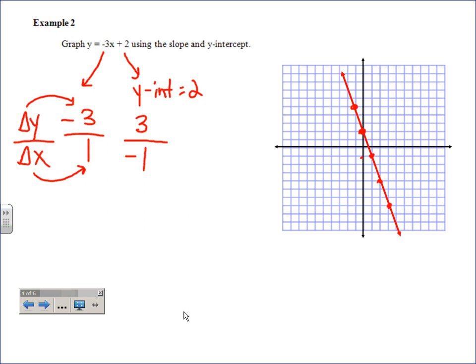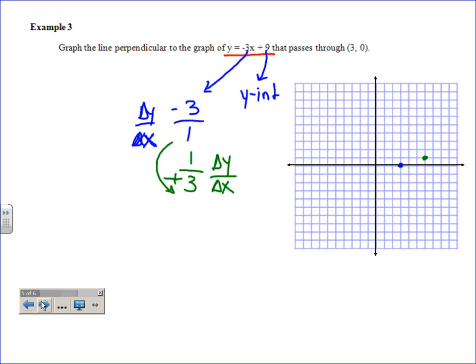And in example 3, we just had another line show up, which is right there. Would those two lines be perpendicular to each other if I put them on the same graph? Did you have to put them on the same graph to figure that out? No, you just looked at the slopes. Example 2 was -3. This one's positive 1/3. Definitely perpendicular. Okay? Or you could have multiplied them together to see if you got -1.